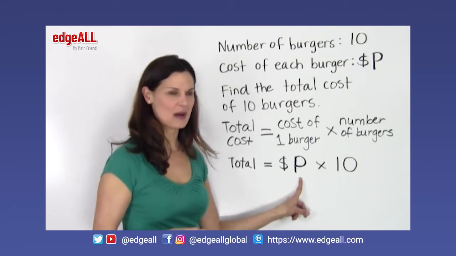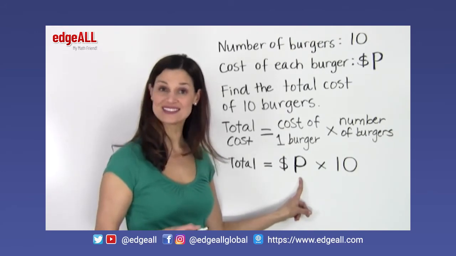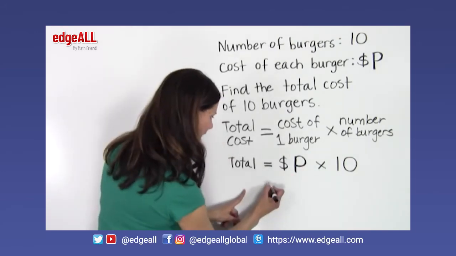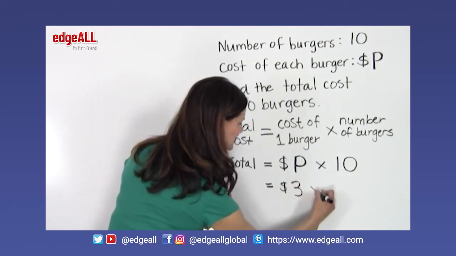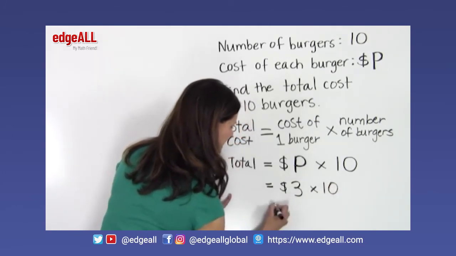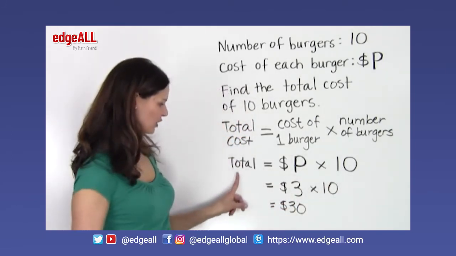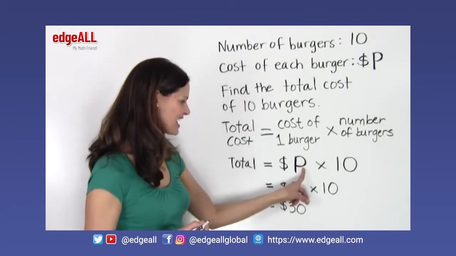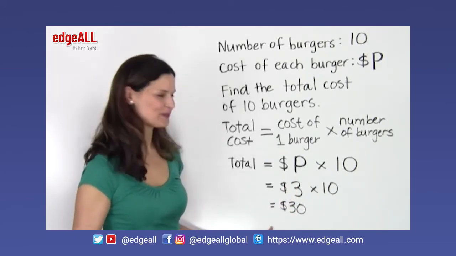So if, for example, the cost of each burger is $3, then P becomes 3, and I would have a problem like this. $3 times 10 equals $30. So my total would be $30 if I had P equal to 3 for a $3 burger.